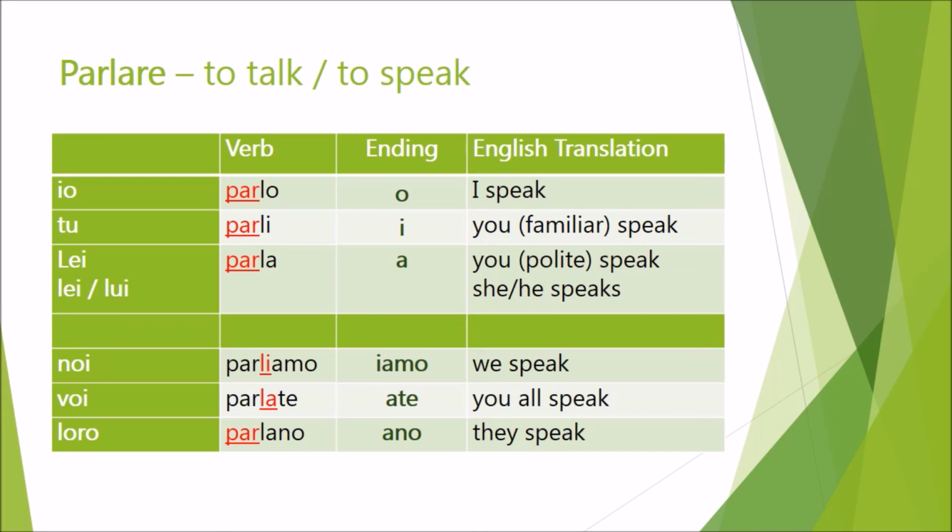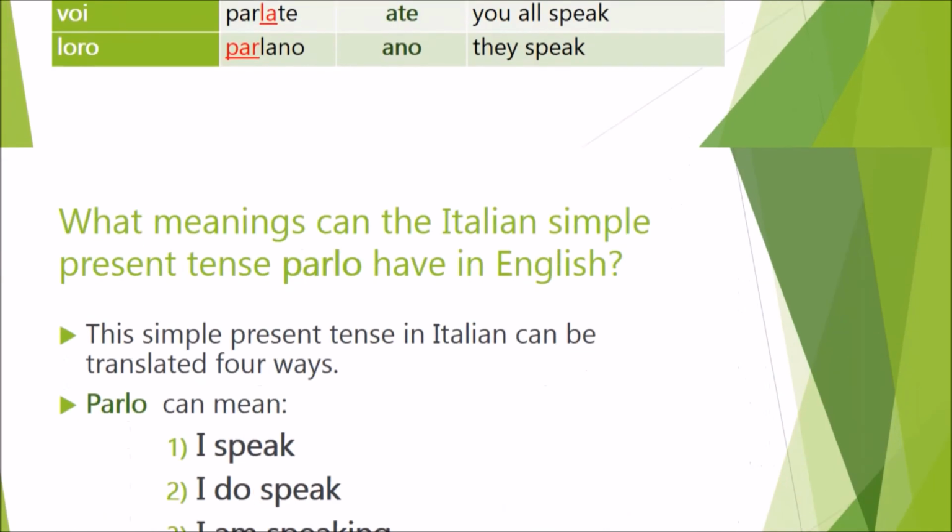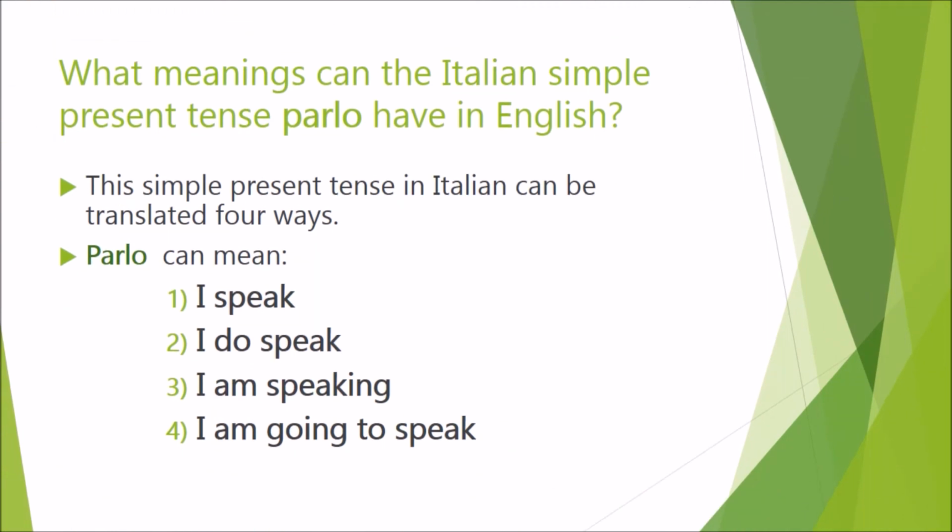Voi parlate. You all speak. Loro parlano. They speak. This simple present tense in Italian can be translated four ways. Parlo can mean I speak, I do speak, I am speaking, I am going to speak.